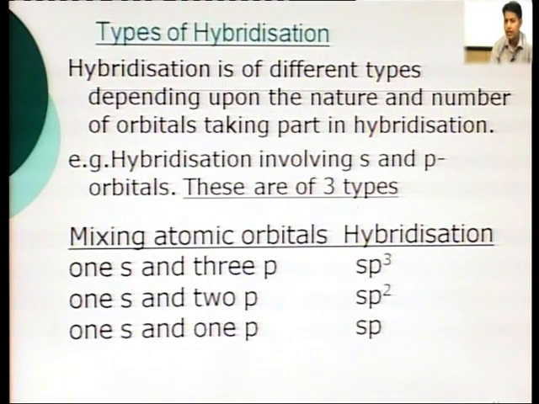The hybridization is sp2 when 1 s and 2 p orbitals are hybridizing. The hybridization is sp when 1 s and 1 p orbital are hybridized. So, according to the orbitals that are intermixing, we have sp3, sp2 and sp hybridization.